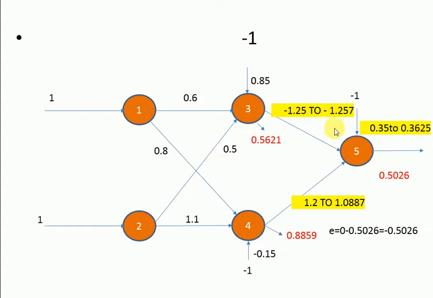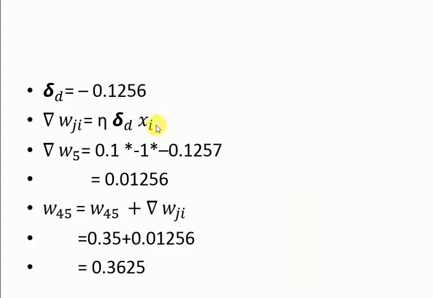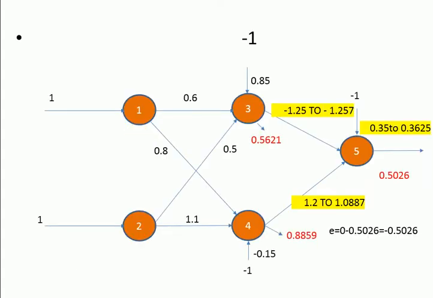Now these values are calculated just by the derivative of w of j, that is, by subtracting this value. But now we'll calculate for the hidden values, these 3 and 4.